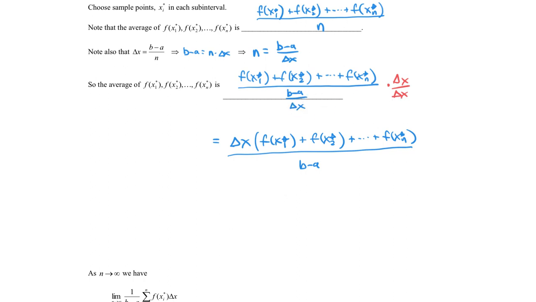And then I want to factor this, or pull this b minus a out in front. If we do that, then we'll get 1 over b minus a times delta x times all of this stuff, same as what we had before.